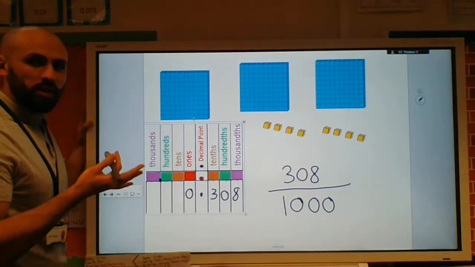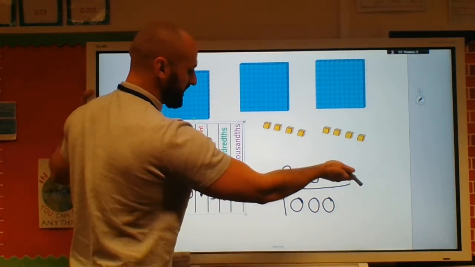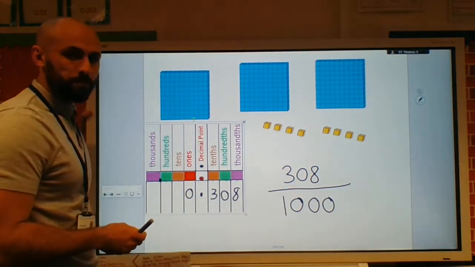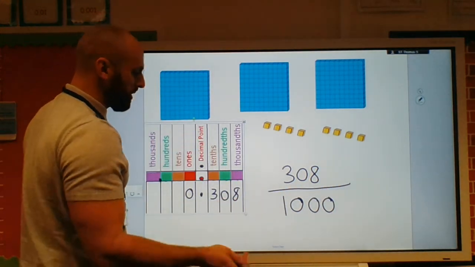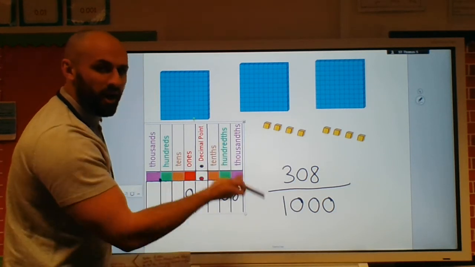Can I simplify it? No, I can't divide 308 by 10 or 100, so I cannot simplify that. Okay? And again, remember, I've got a value in the thousandths, so I need to say my number out of 1,000.